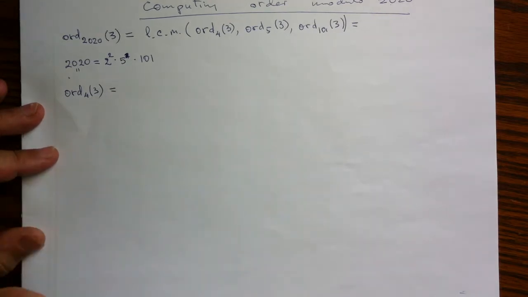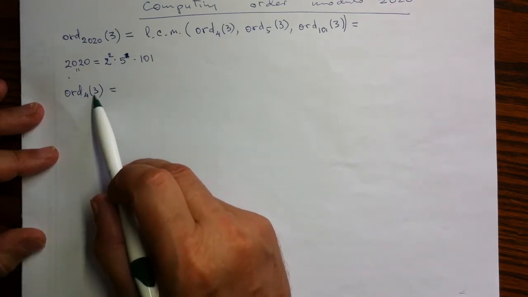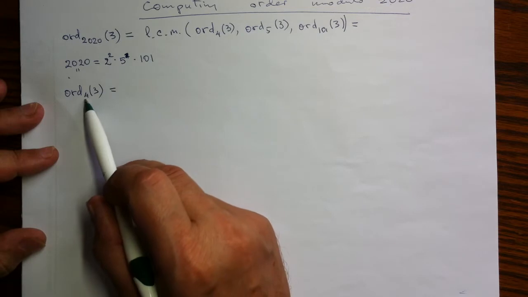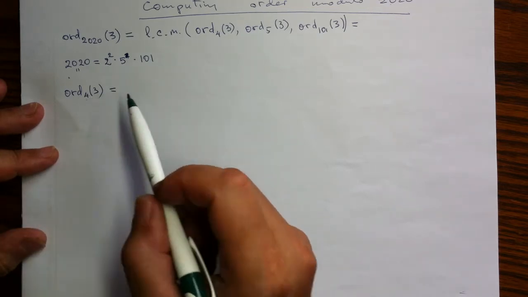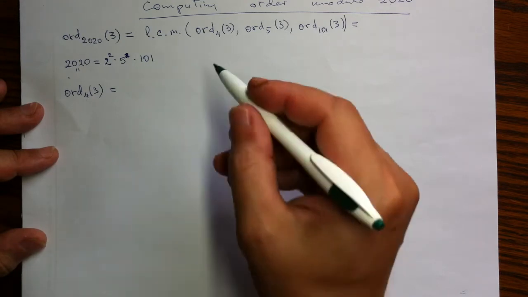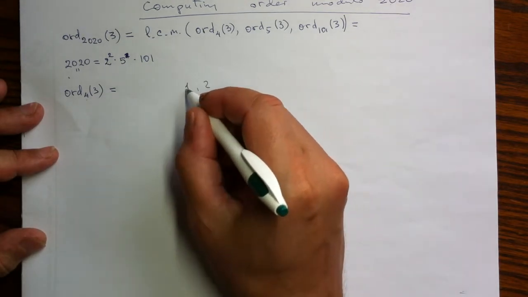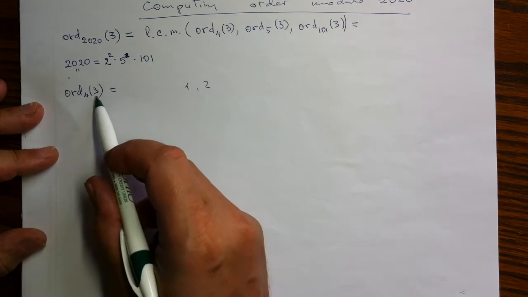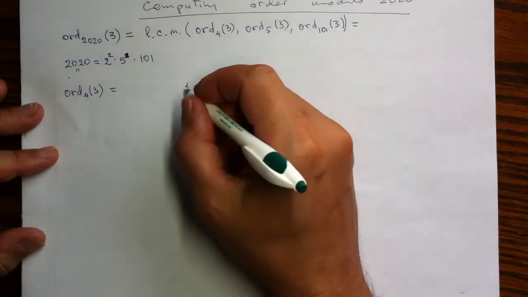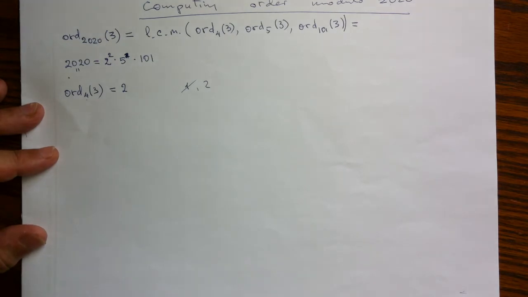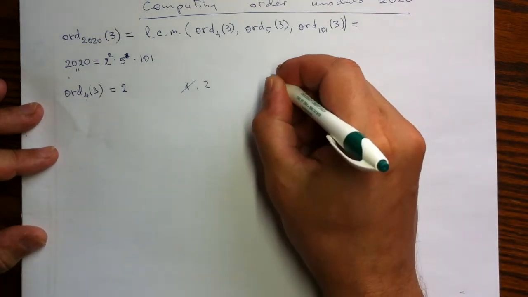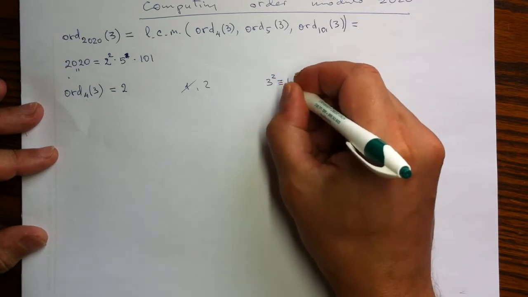I can guess it without even computing, because it's supposed to divide the Euler function of 4, which is 2. Then there are only 2 divisors, 1 and 2. And 1 is not good for the order because the first power of 3 is not 1, so 1 is to be discarded, and we have the answer 2. And of course we can check it. 3 squared is congruent to 1 mod 4.